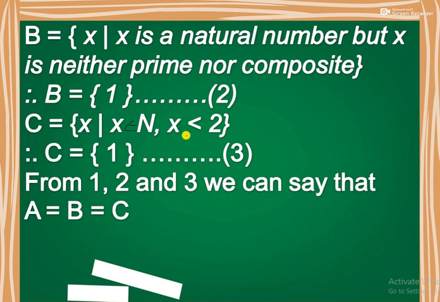We have to write the sign of belongs to here. So, which natural number is less than 2? Natural numbers start from 1, 2, 3, 4. So, there is only a single number, that means 1 is less than 2. So, call this equation 3. So, from equations 1, 2 and 3 we can say that set A = set B = set C.